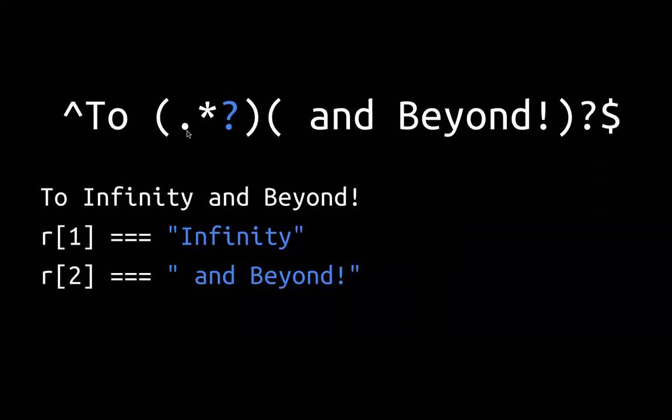So basically it's saying match 0 or more of anything, but match as few characters as you can while still making the whole regular expression match, instead of the default behavior, which is match as many things as you can while still making the regular expression match. So it makes the star not greedy, altruistic, if you will. So just by adding that question mark, the regular expression still matches just like it did at the beginning, but now our capture groups are the way we want them.